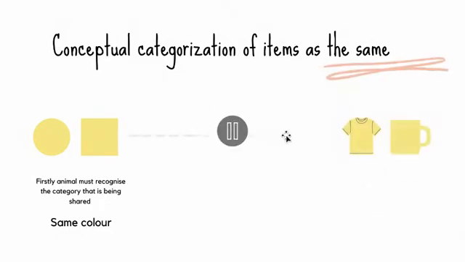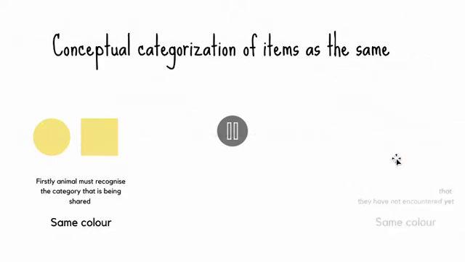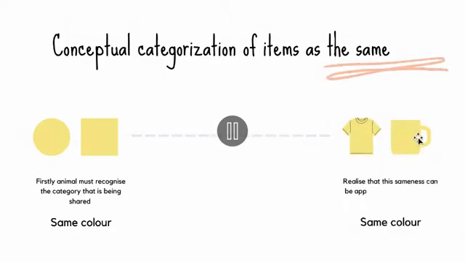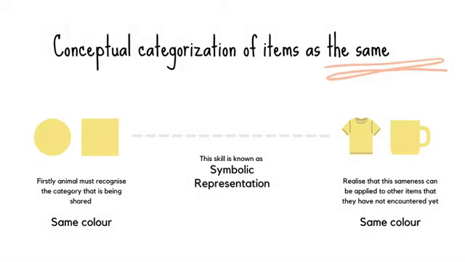For example, here they have only learned this. Now if they see other items that are yellow, they will apply the knowledge to the fact that it's the same. This is called symbolic representation. They will be able to categorize this as the same and this as the same as well.